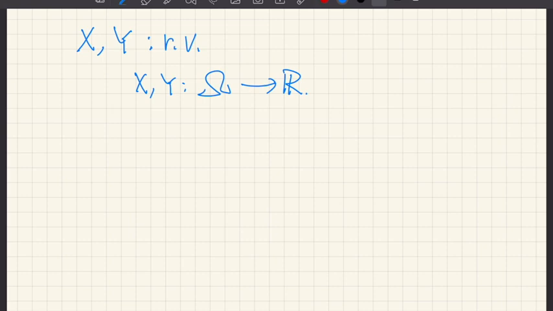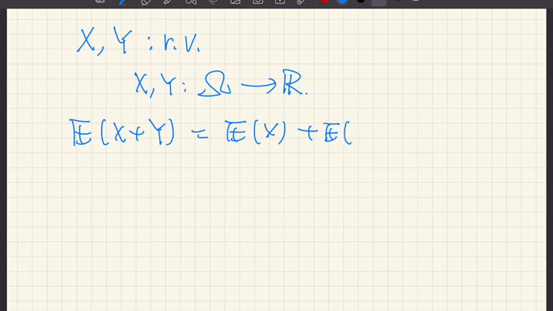We can say that the expectation value of X plus Y is the sum of the expectation value of X and the expectation value of Y.